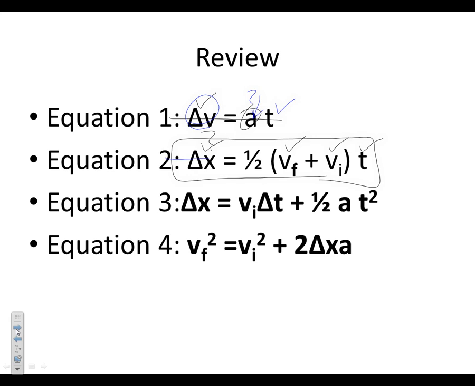We wouldn't use equation 2 because it doesn't have a. The other equations we could use are equation 3 or equation 4, because we have delta x now, v initial, and t. However, I'm going to stick with the first equation.